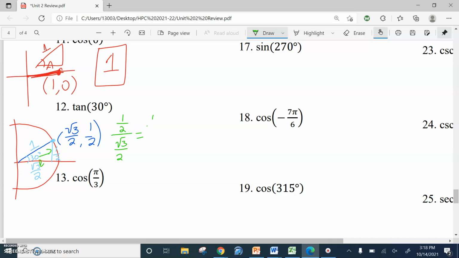We have to take 1/2 times the inverse fraction, 2 over the square root of 3. So when you multiply fractions, you take 1 times 2, you get 2, and you take 2 times the square root of 3. Well, the 2's just cancel each other out, and you're left with 1 over the square root of 3. And that's your answer.